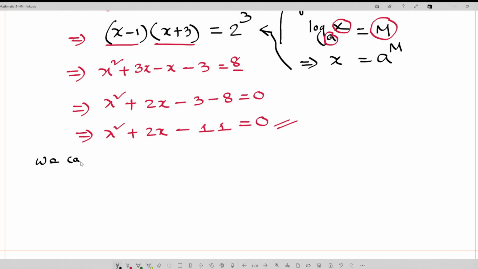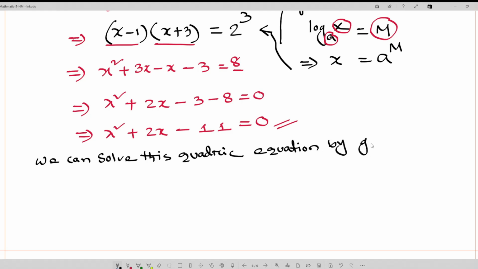We can solve this quadratic equation by the general method. General method.